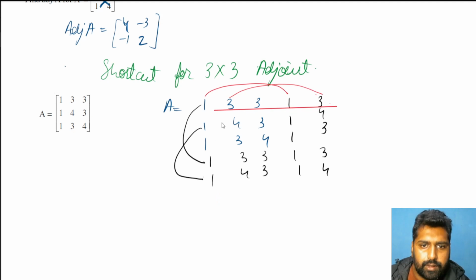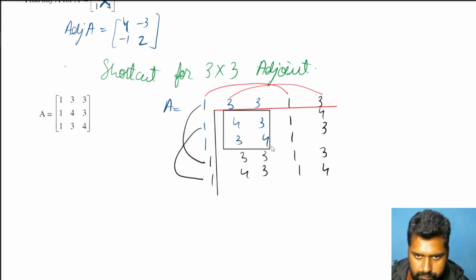Let's get everything aligned properly. So we are leaving the first row and first column, and you can see a 4 cross 4. Now focus on this box. I'm highlighting it with red color.